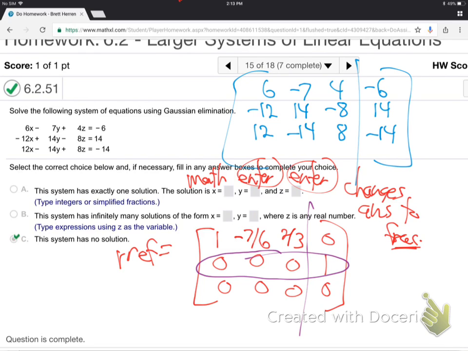That means 0 equals 1. Not true. Now, I know it could be confusing. You think, well, yeah, but it's also got all the zeros. And yeah, if it's got any statement that's not true, like zeros and a number, that's no solution. Doesn't matter what else it has. It's saying something false. We can't have that. That's why it's no solution. Good? Everybody okay with that?